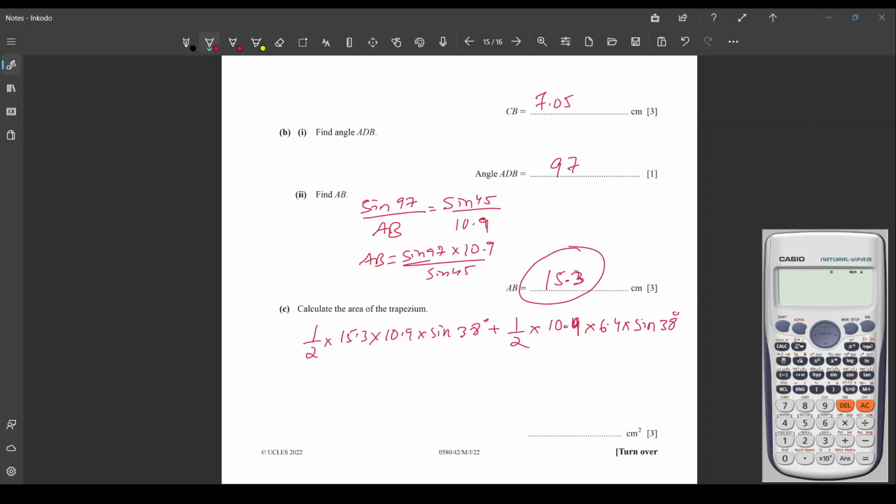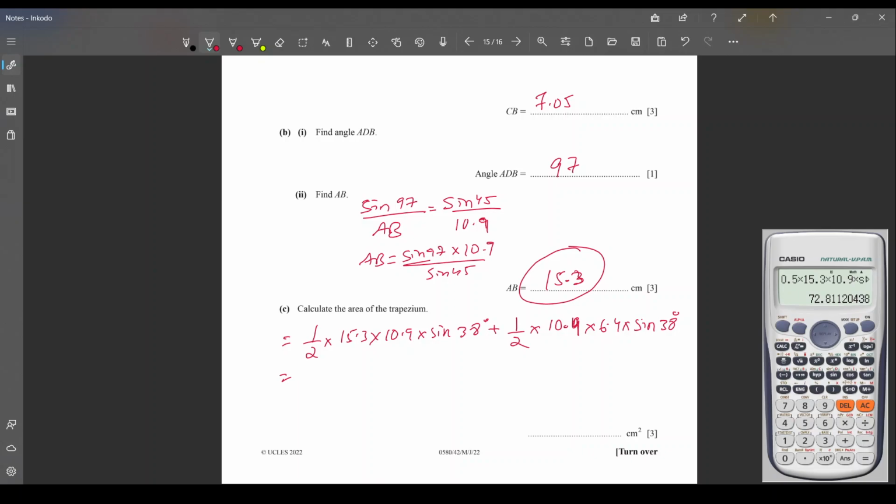Very simple. So half can be written as 0.5 times 15.3 times 10.9 times sine of 38 plus 0.5 times 10.9 times 6.4 times sine of 38 gives you 72.8.